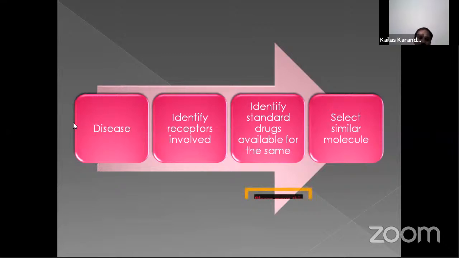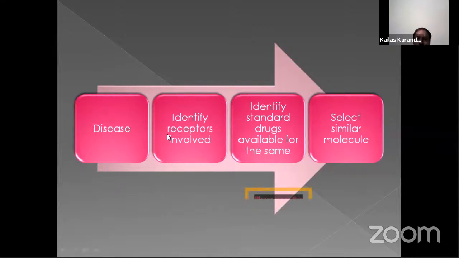First of all, we select the disease upon which we want to develop a suitable drug dose formulation. Why that disease has occurred, what went wrong because of which a few of the receptors are not performing well, and because of the non-functionality of the receptors that particular disease has arisen.